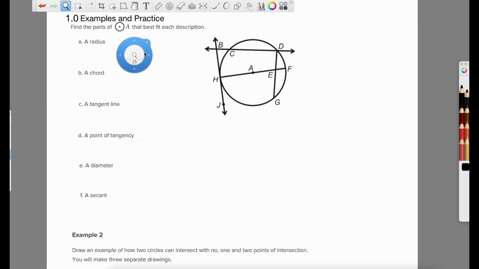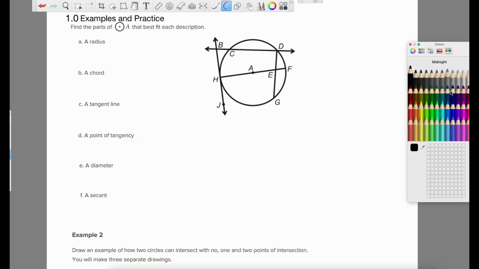In 1, we're just going to select the parts of circle A that best fit the description, right? There's a couple of possible examples for many of these. So we're looking for a radius here for number A. So what do we have for radius? We could say segment AF, segment AH, segment AG, AD, AC. Let's just go with AF.